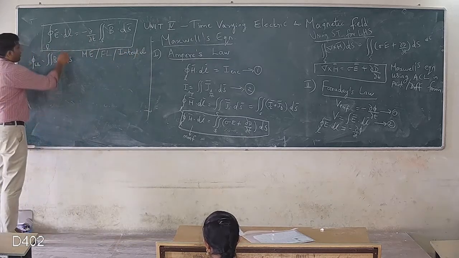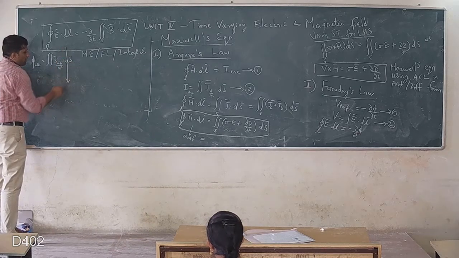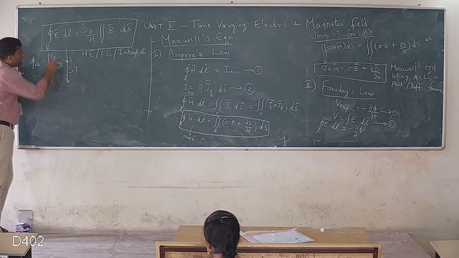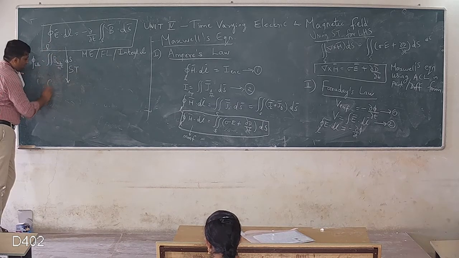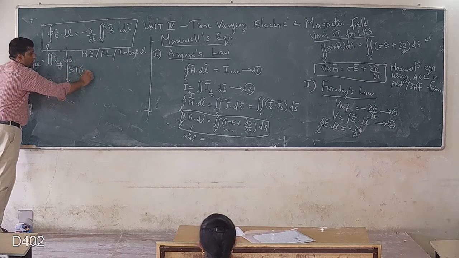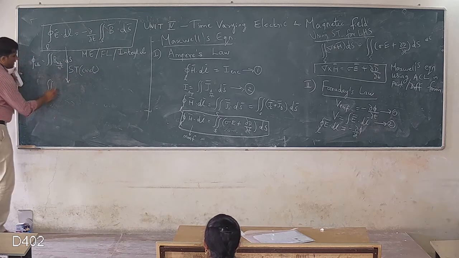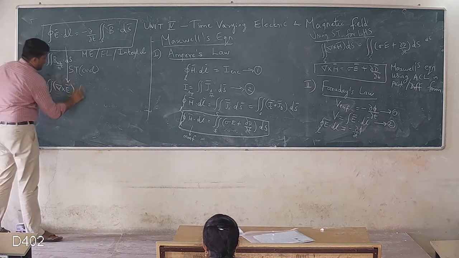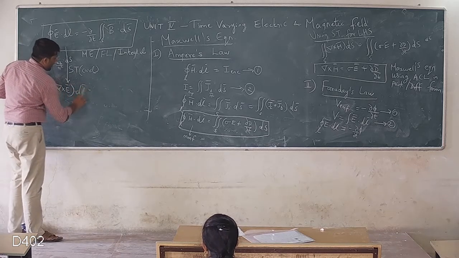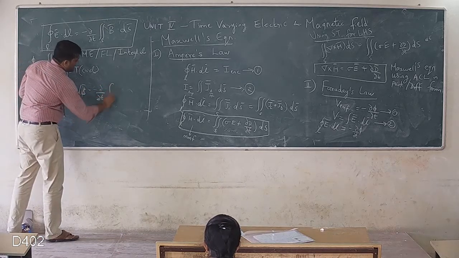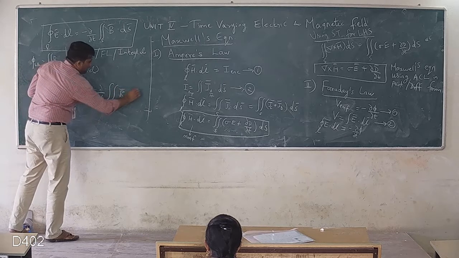Similarly, if I want to get the point form, I have to apply the Stokes theorem. Stokes theorem says a line integral will become a surface integral. Stokes theorem operates as curl, and therefore it will become del cross E vector dot ds vector is equal to minus dou by dou t of the double integral of B vector dot ds.